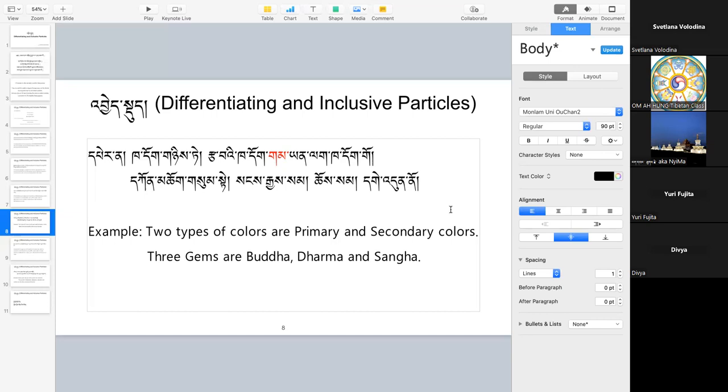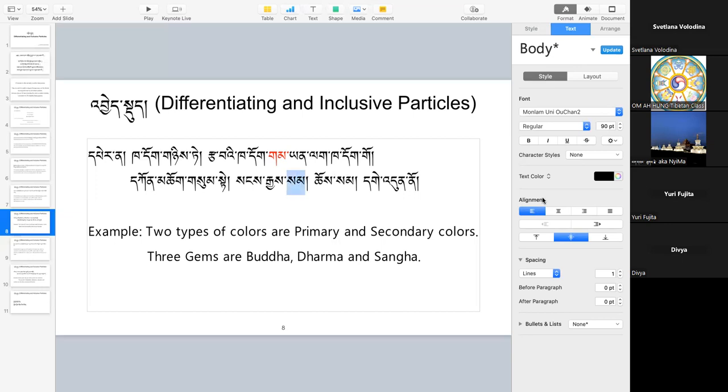Similarly, kunjo sumte sange sam, shu sam, kendu no, which means the three gems are Buddha, Dharma, and Sangha. So the main class, which is the three gems, is classified into subclasses, which are Buddha, Dharma, and Sangha. And it is done with the usage of the particle.